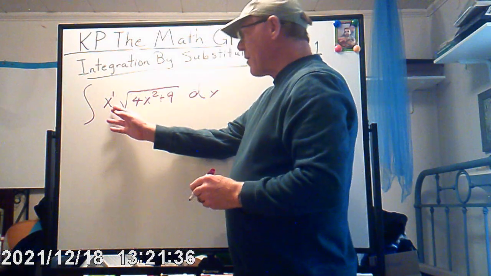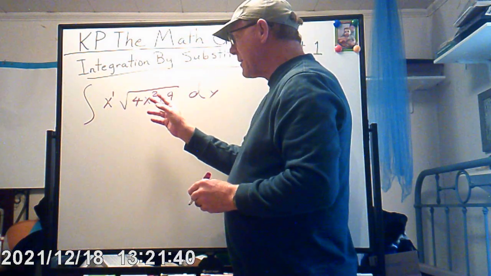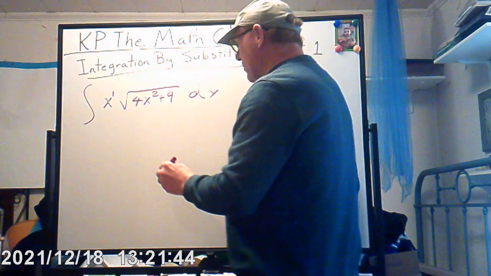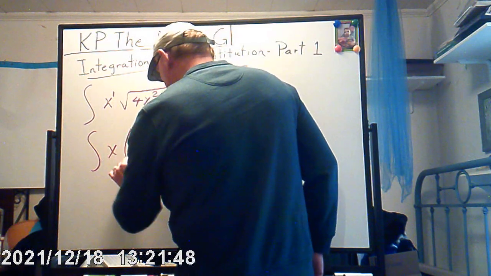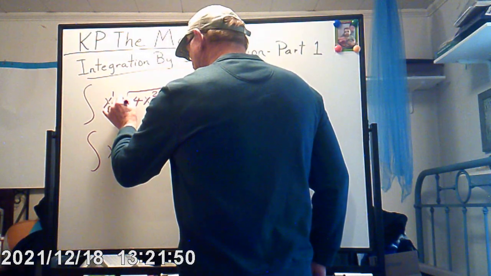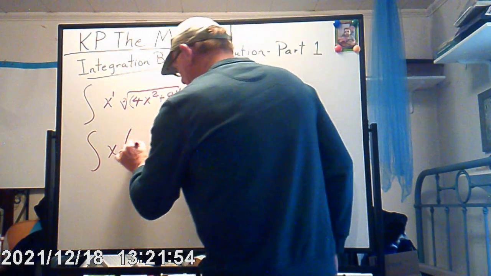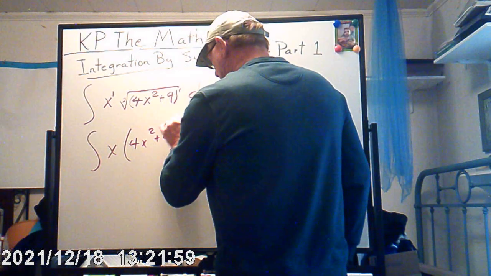Or whatever, 2 and 3, 3 and 4, and so on. I'm going to rewrite this problem. Now remember, this is an index of 2 and this is an exponent of 1. So 4x squared plus 9, dx.